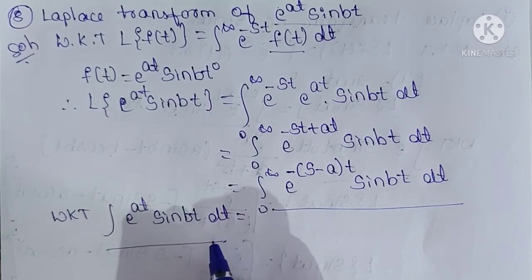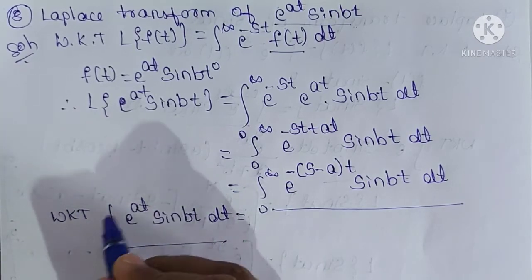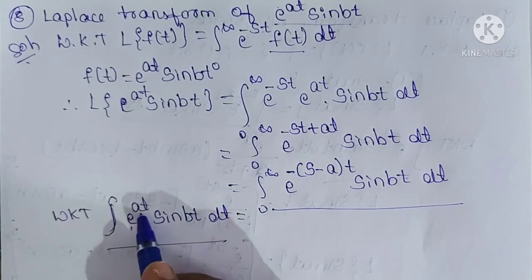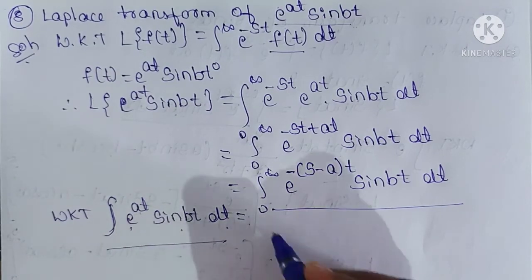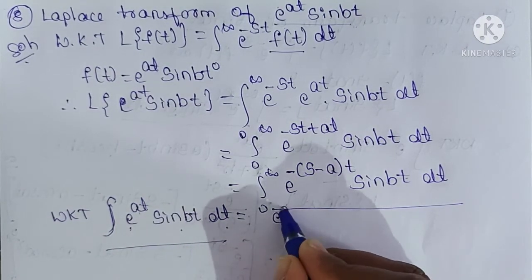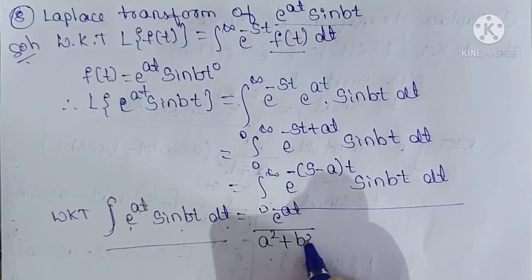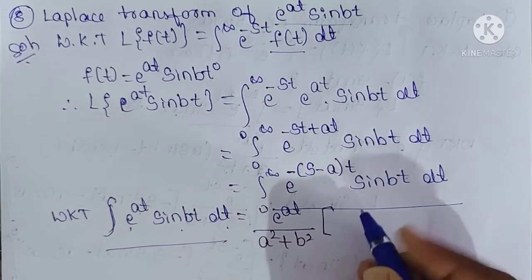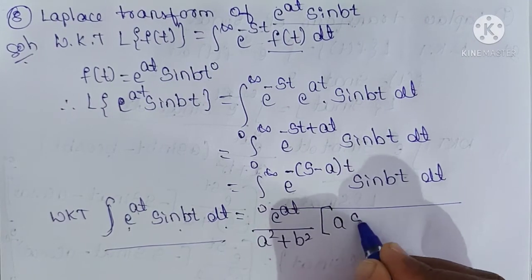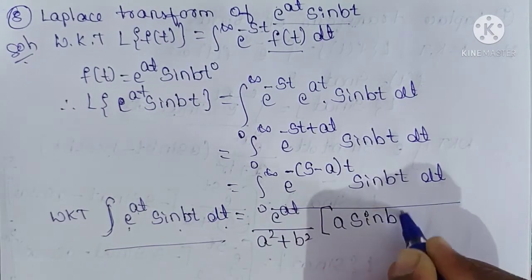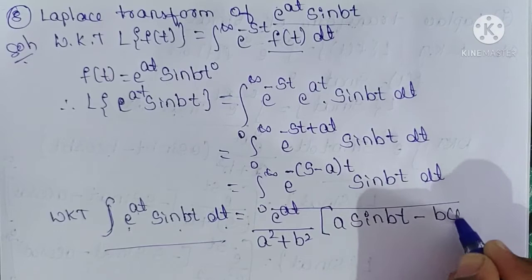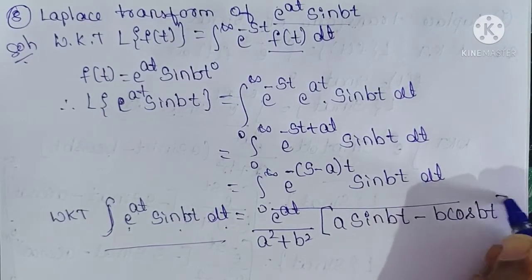This one you already studied in first semester integral calculus. So here I am taking directly the integration of e power at sine bt dt. Formula is e to the power of at divided by a square plus b square into a sine bt minus b cos bt.